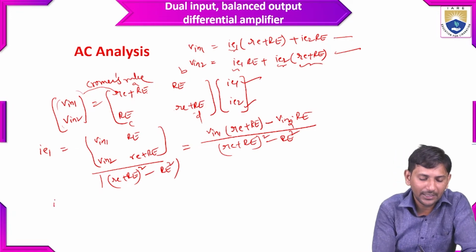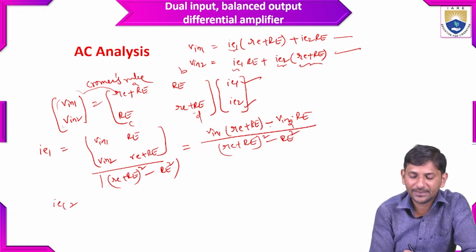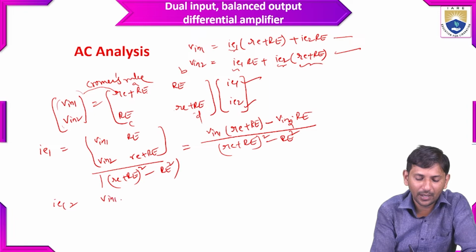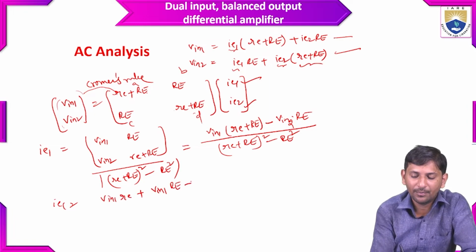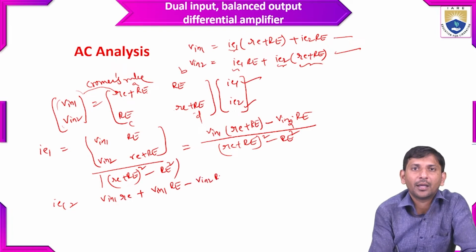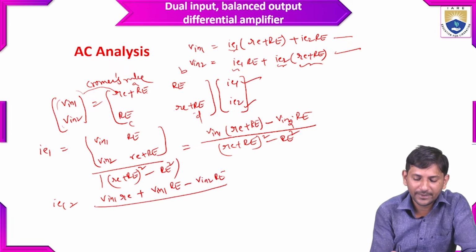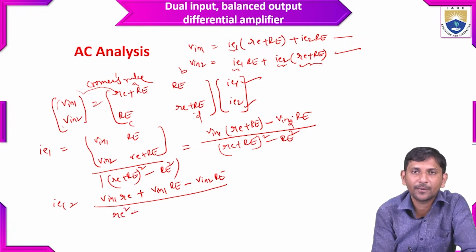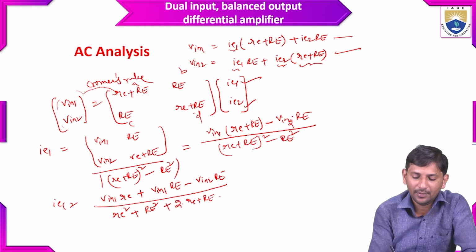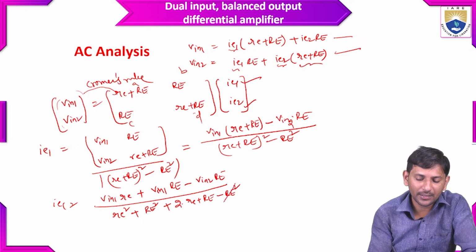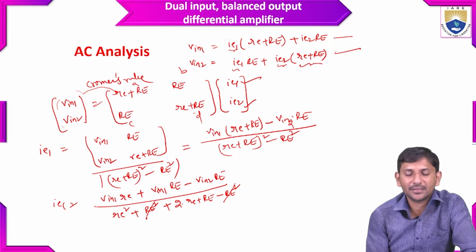Now IE1 becomes, if you expand this, Vin1 RE plus Vin1 RE minus Vin2 into RE, whole divided by, expanding this denominator term, RE square plus RE square plus 2 RE RE minus RE square. So RE square will get cancelled.